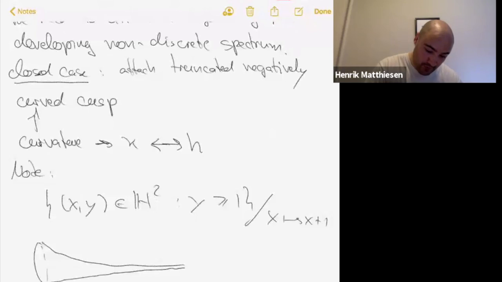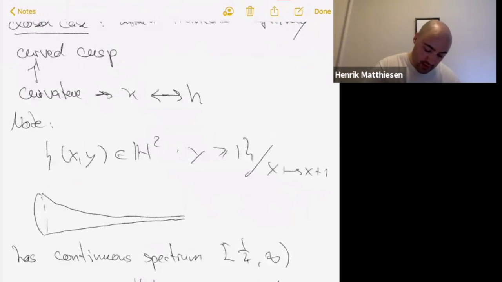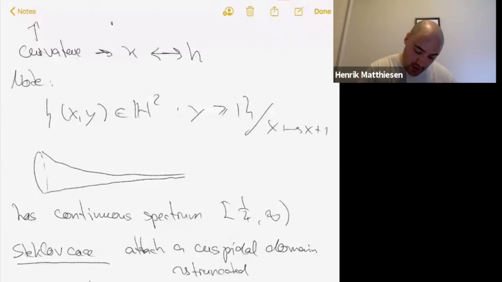So for the Steklov case, what we attach is a cuspal domain of the following type. I take the plane and then I take a region like this. Again, I'll truncate that. So the region is all the points in the plane where y is non-negative and minus y squared divided by 2 is at most x, at most y squared divided by 2.